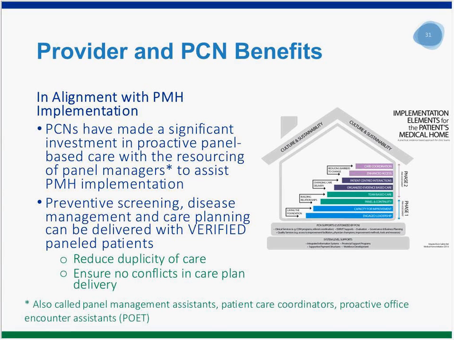And so once we're in a system where we have limited resources, then most efficient use of those resources is going to be required. And so when we don't know who our patients are and we're not seeing them ourselves all the time, then we become less efficient. And we may be ordering tests or seeing patients that are not ours, using our PCN resources to manage patients that are not ours, and thereby limiting opportunities for the patients that are ours.